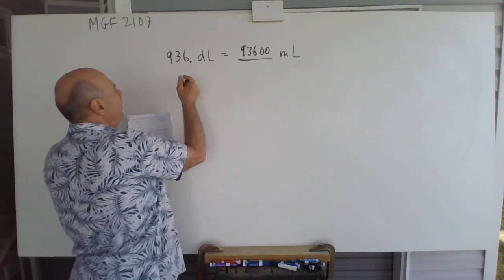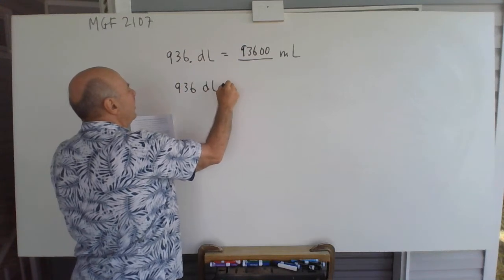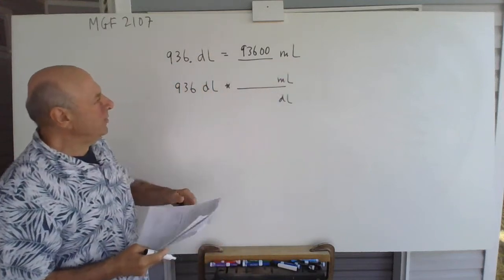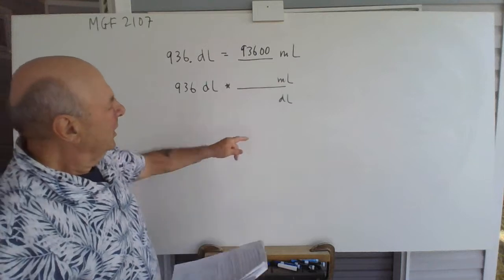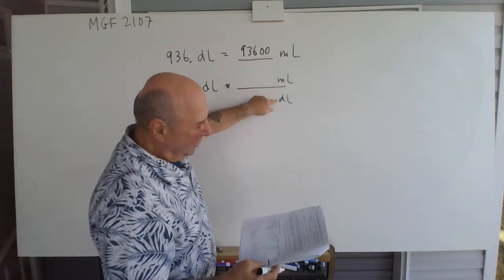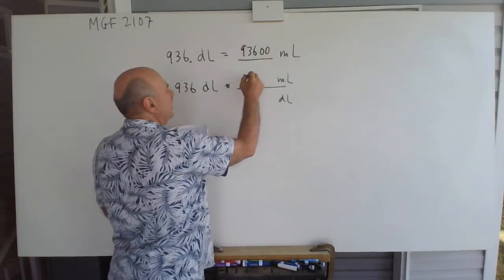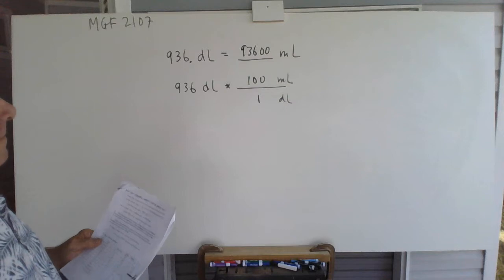So the other way to look at it is, let's do the unit fraction. So I'm going to put deciliters in the denominator. I just have to figure out how many deciliters or how many milliliters. Well, going from milliliters to deciliters, or vice versa, there's 100. Right?